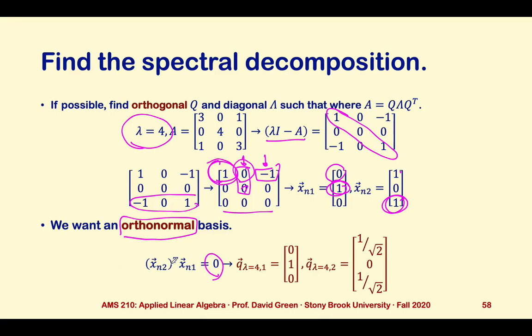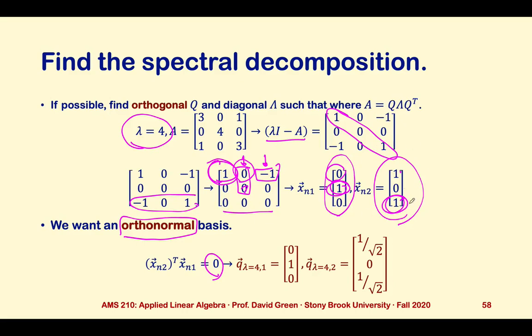That means we don't need to do any extra work. If they were not orthogonal, we would have had to take an extra step of constructing an orthogonal basis. However, one of them has a length of 1 and is thus already normal. The other one has a length of square root of 2.